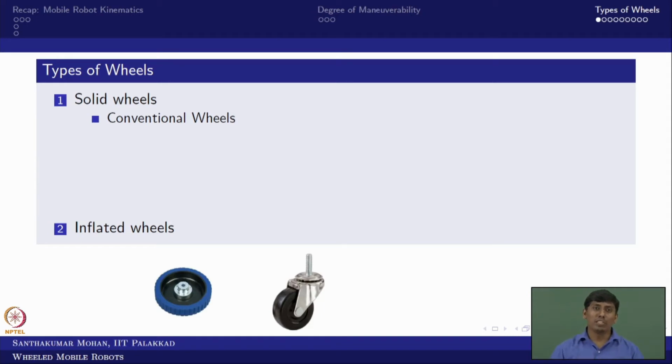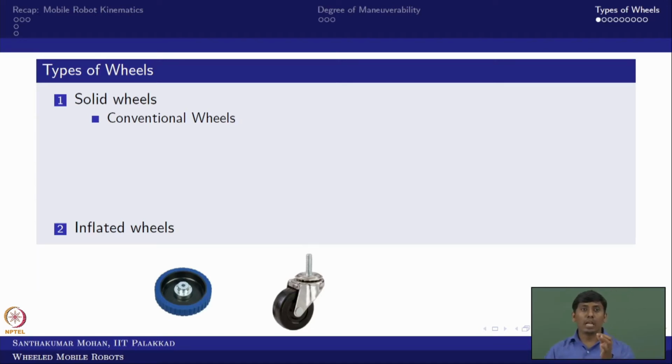But what is a conventional wheel? That I need to address now. Theoretically speaking, the conventional wheel is pure rolling. That means it won't have any lateral slip and there would not be any longitudinal slip. Pure rolling can be understood with the help of the simple motion of the wheel.